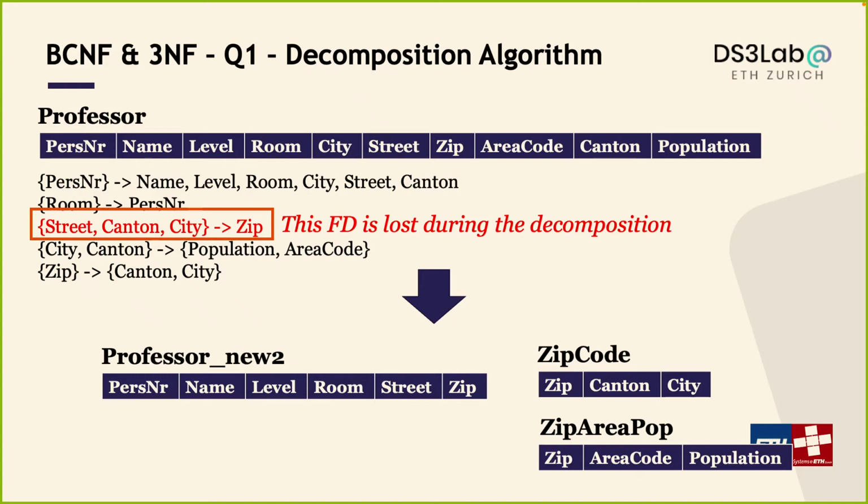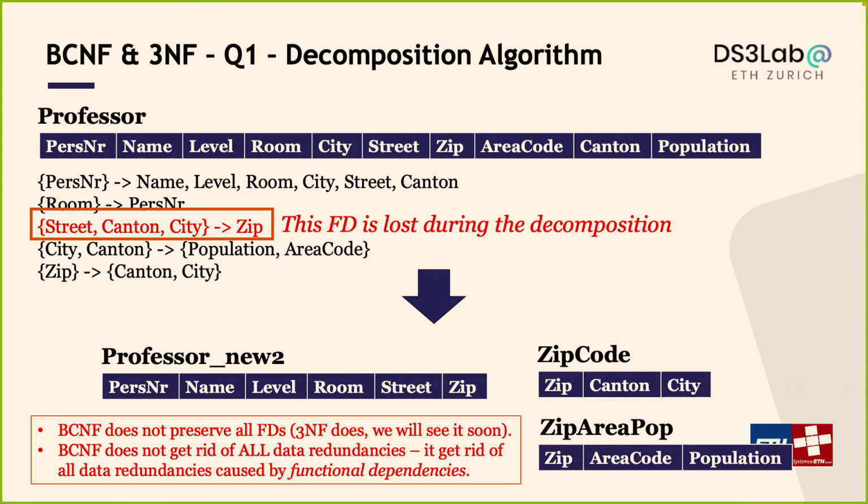So essentially, during decomposition, even though you are not losing information, in the sense that you have a lossless decomposition and can still recover the original relation, some of the functional dependencies in the original relation could get lost. This is just one such example of this algorithm.